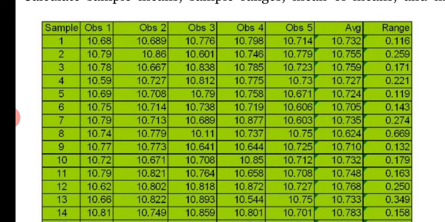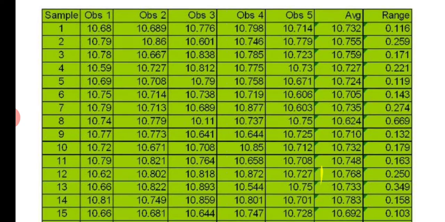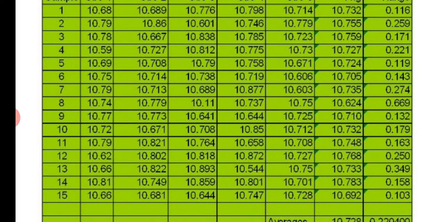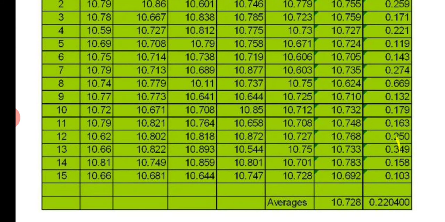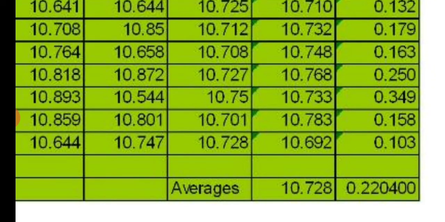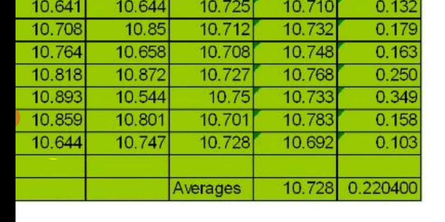I am finding the average and range for each and every sample, and I have 15 samples. For these 15 samples I take the average of averages and the average of ranges. My X double bar, which will be the center line in the X bar chart, is 10.728, and R bar, which is the center line in the R chart, is 0.22 point something.